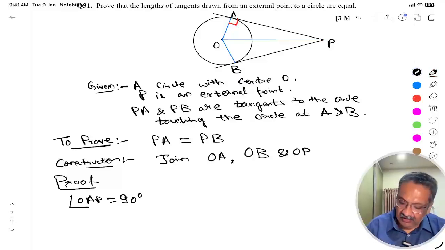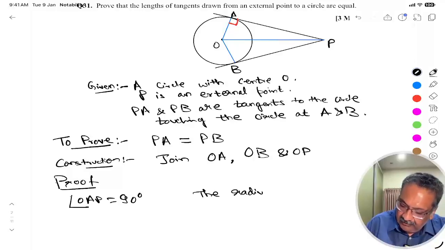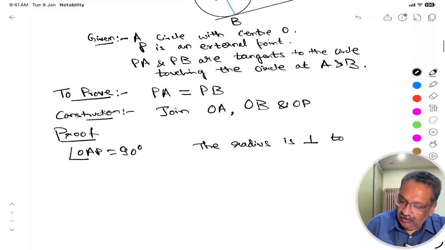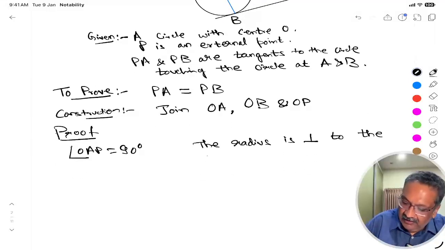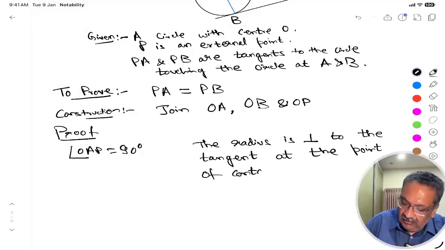The reason is the radius is perpendicular to the tangent at the point of contact, as per theorem 1.